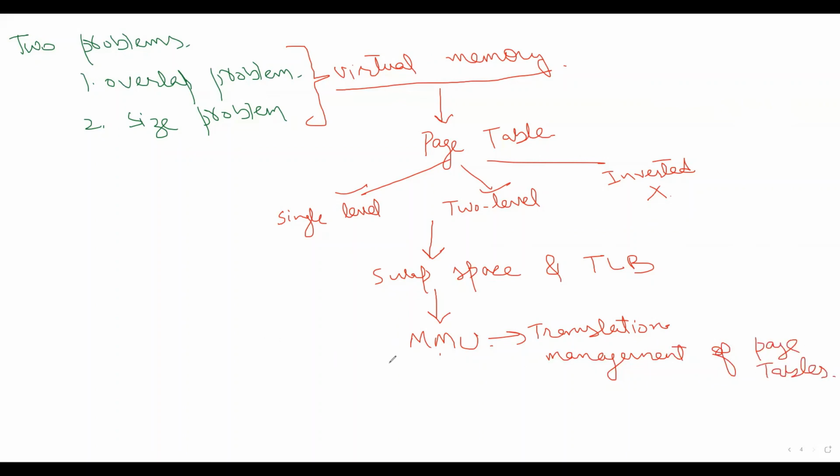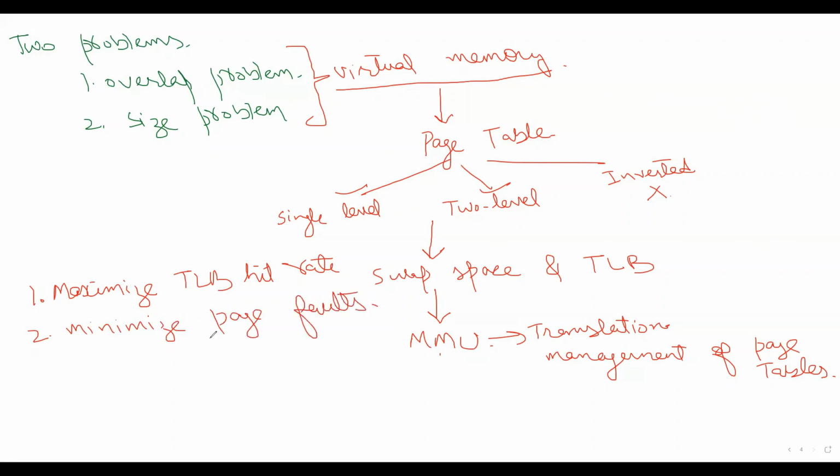And at the end we reached the point that we want two things in our entire system in order to improve performance: first, maximize TLB hit rate, and second, minimize page faults.